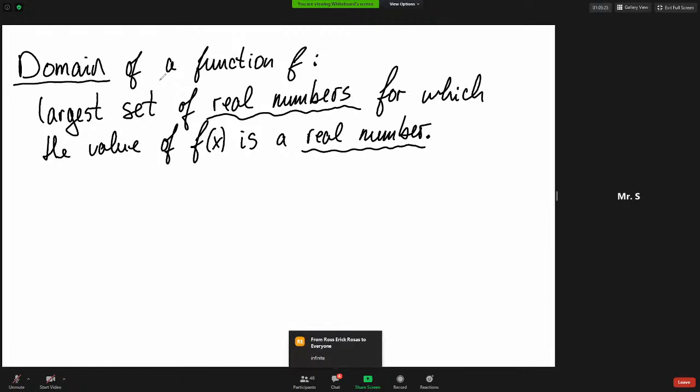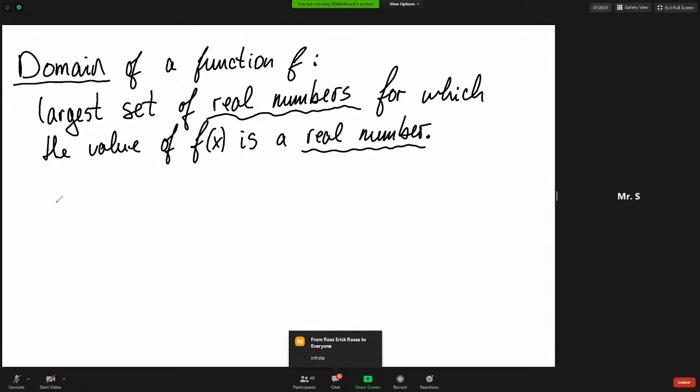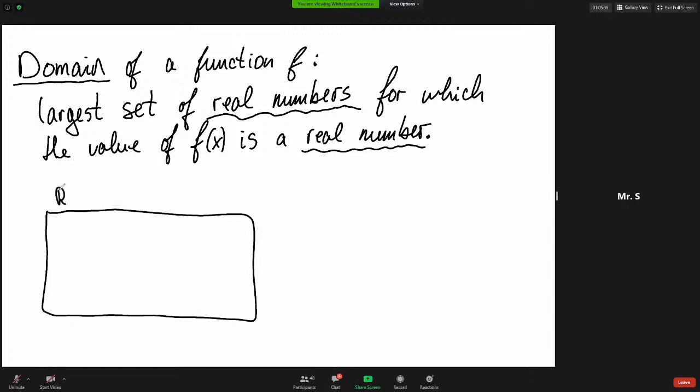What was the set that we introduced in algebra? Rational and irrational numbers. So that would be part of real numbers. So we have this set and all of these are real numbers. It's kind of split into two parts. One part is rational. The other part is irrational.